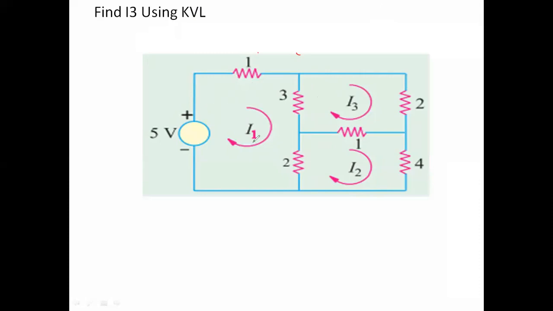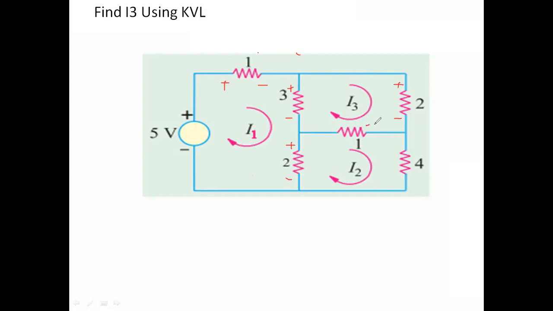For this particular I1 loop, because this is the voltage source, we are also moving in this direction. So this is plus minus, plus minus, plus minus, and it is closing. For this loop, this is plus minus. Consider the clockwise direction.